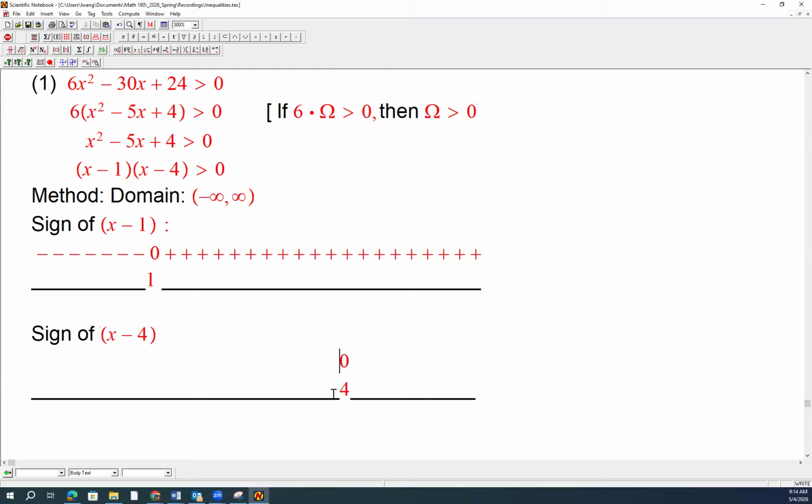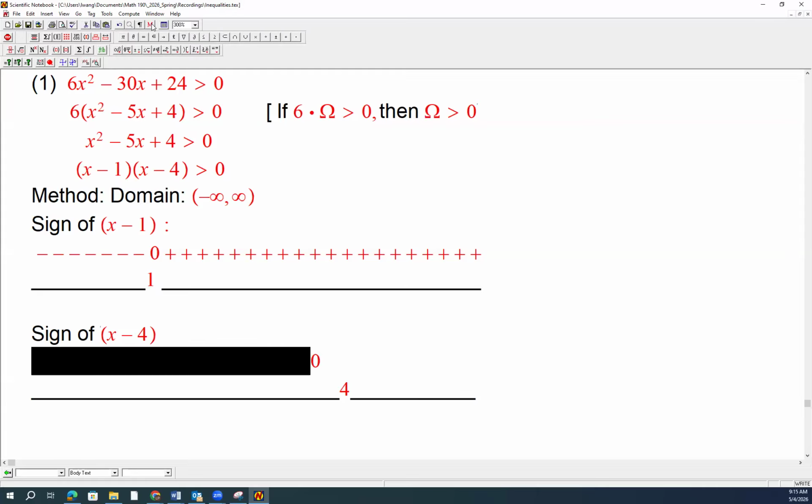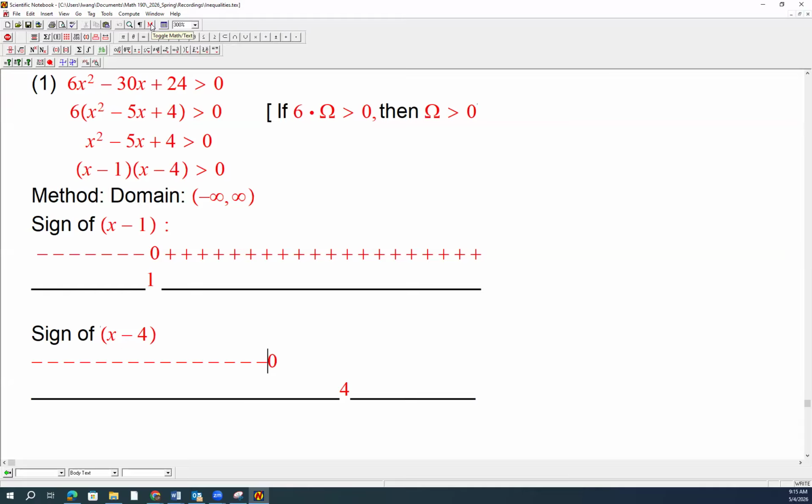Now, for any number less than 4, you pick a number, say 0. You plug in 0 minus 4 is negative, and if you take another number less than 4, you're going to get negative for any number less than 4. And for all the numbers larger than 4, once again, say I plug in 7, 7 minus 4, I will get a positive.